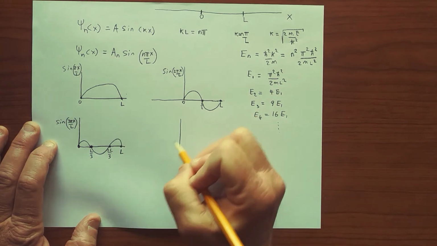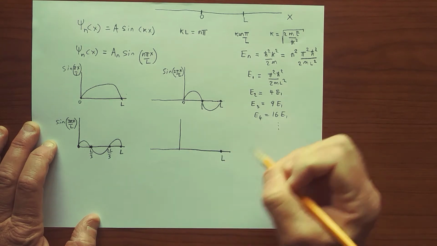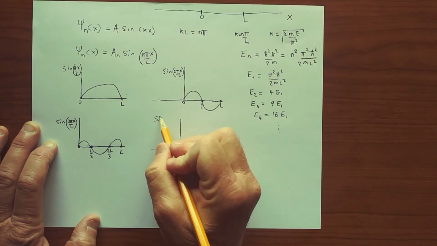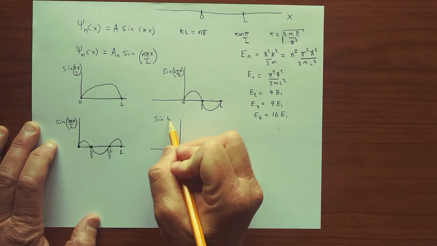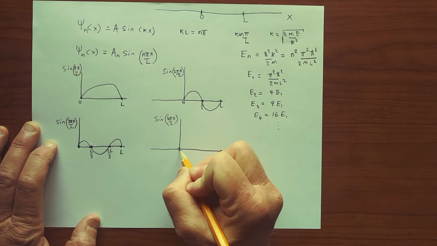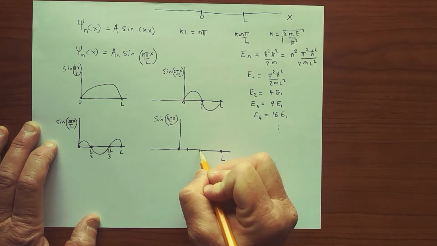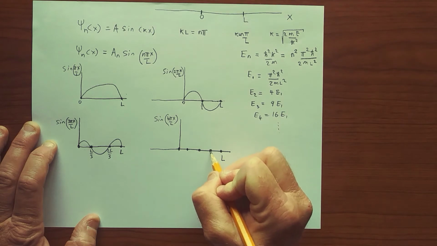And of course, we can continue doing this when we do the next energy level. We have 4 pi x over L, and we're going to divide this by 4. So this will be L over 4. This will be L over 2 and 3L over 4.